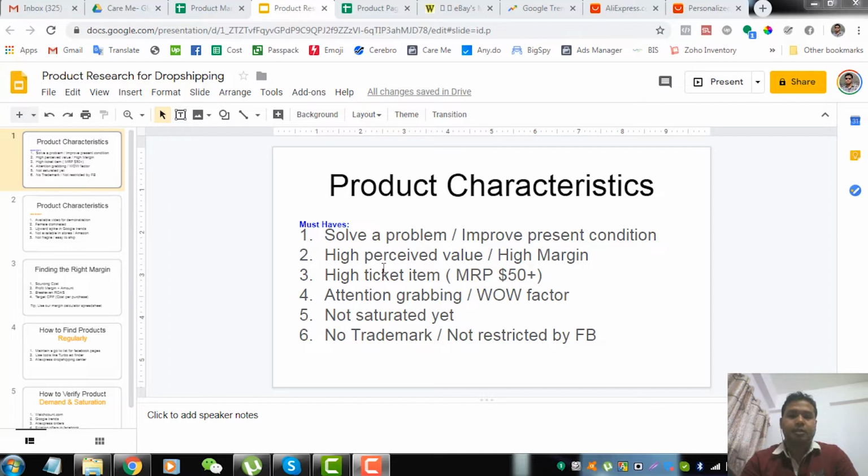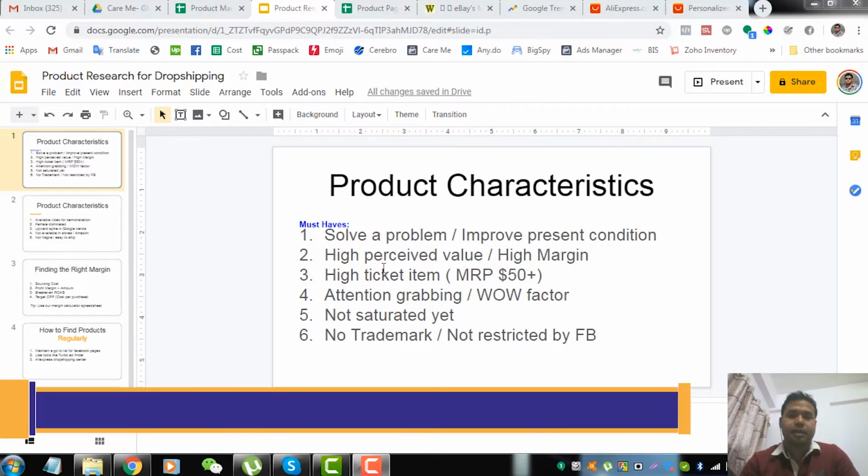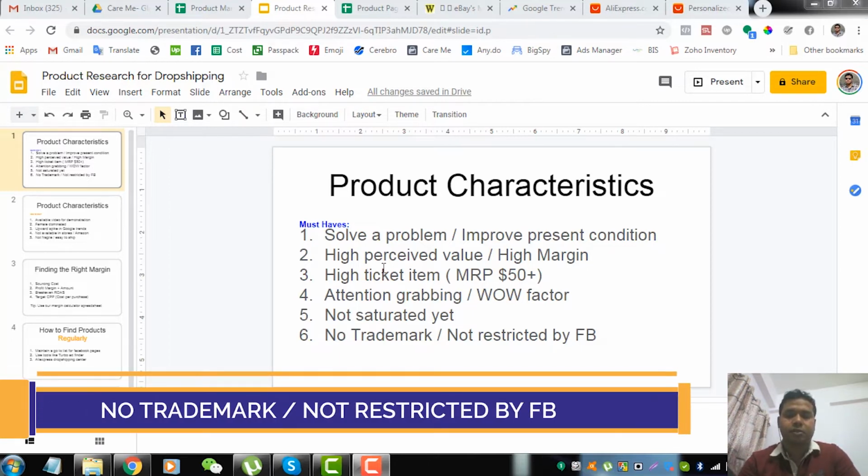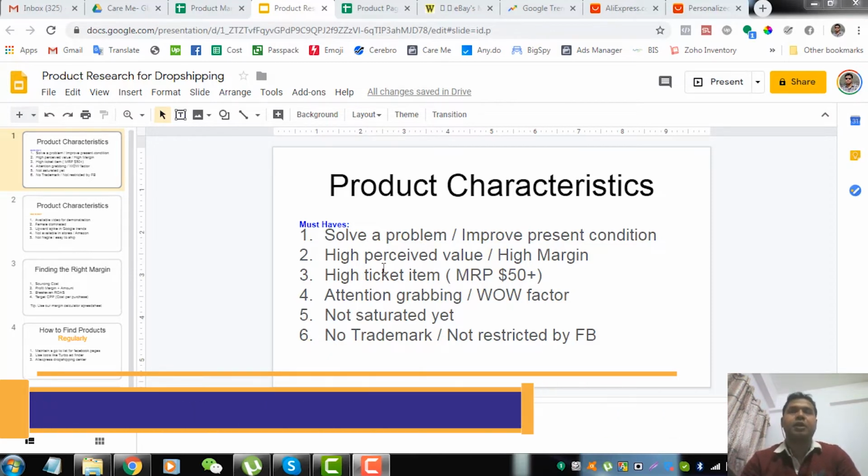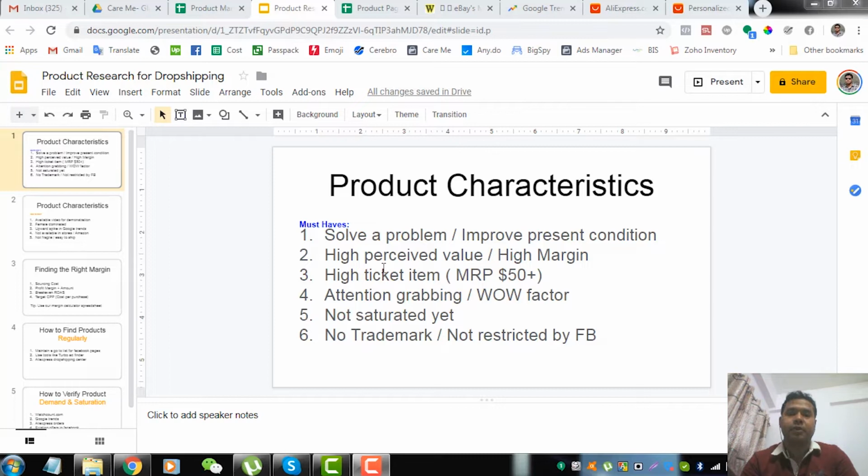Now the sixth, and most important, is that the product has no trademark and is not restricted by Facebook. This is very easy to overlook as a newbie, but it is very important, because you definitely don't want something which is a trademark of any company or brand, or a product restricted by Facebook.